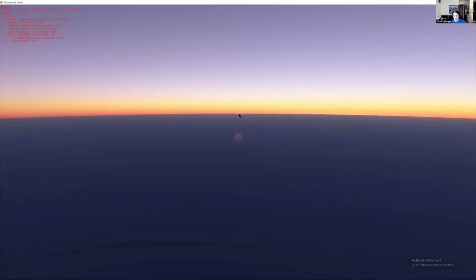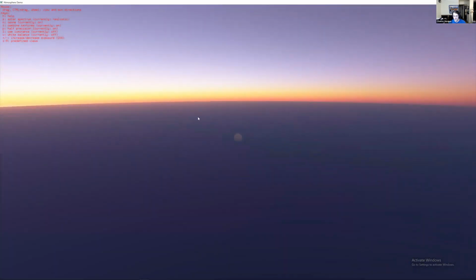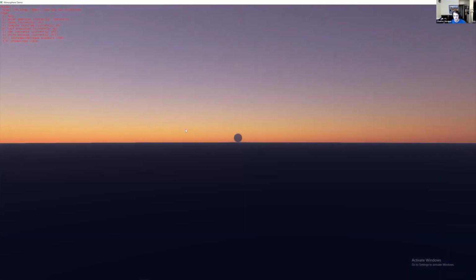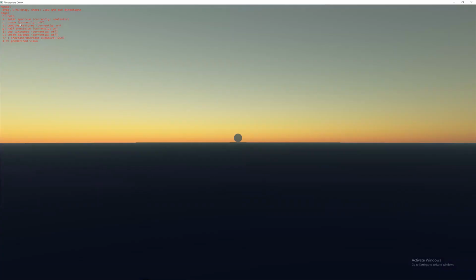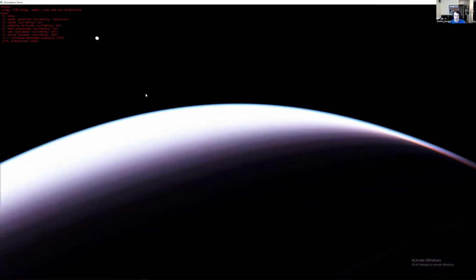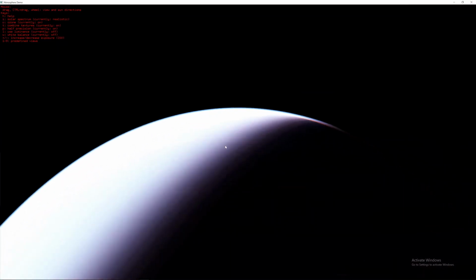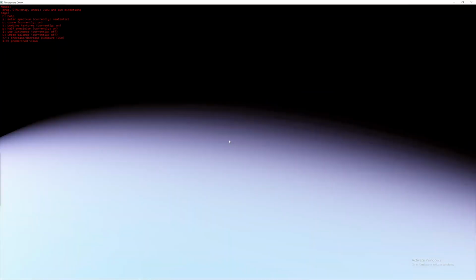So the sun is not in the sky, but we're still getting a lovely scattered vista, which just looks divine. Shadow of the Earth on the other side. When you are close and you look in the other direction, you can see the shadow of the Earth directly on the sky.